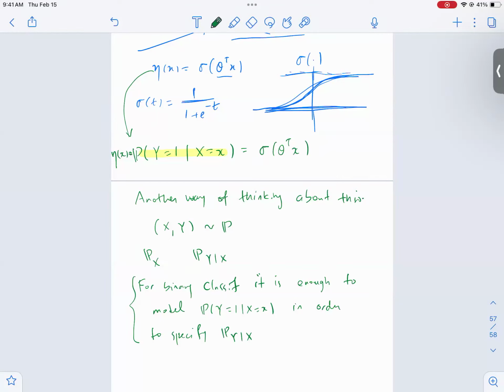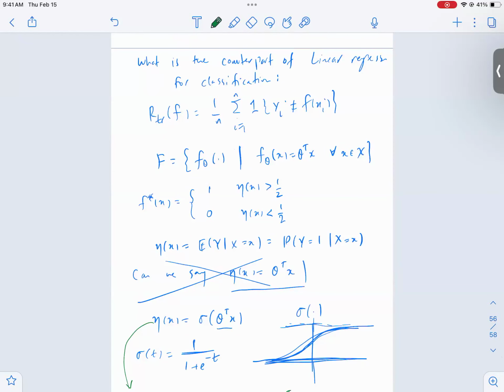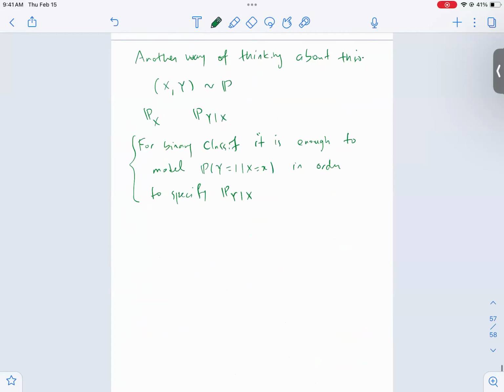Okay, so I have this. Now, how can I connect it back to ERM? I want to fit this to the training data. So we want to arrive at the form of an ERM for this model.